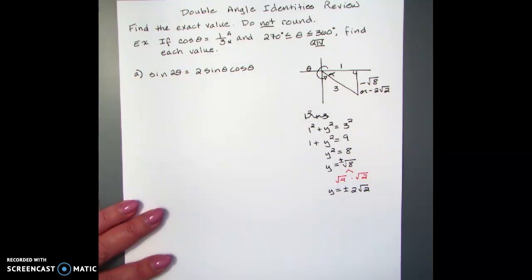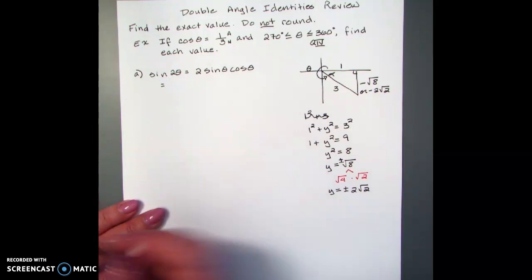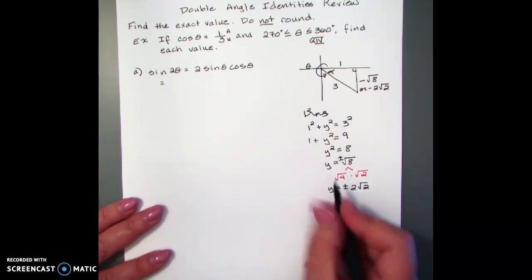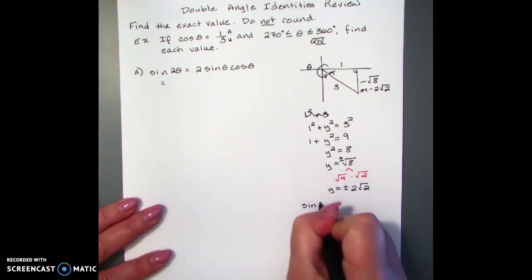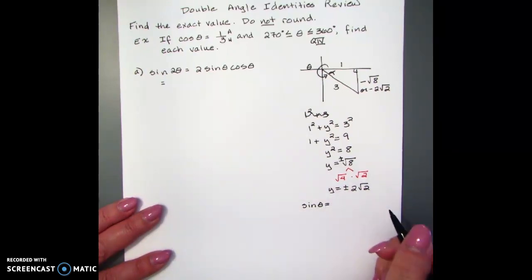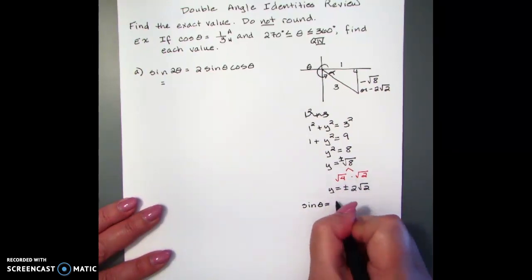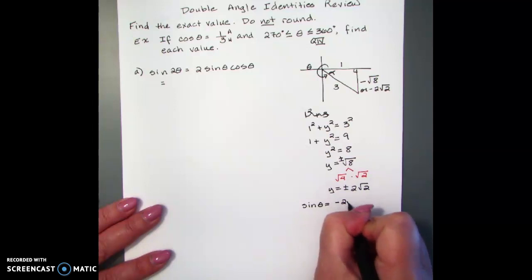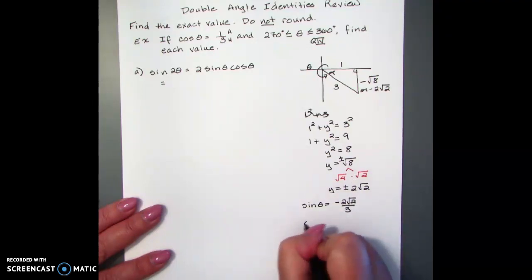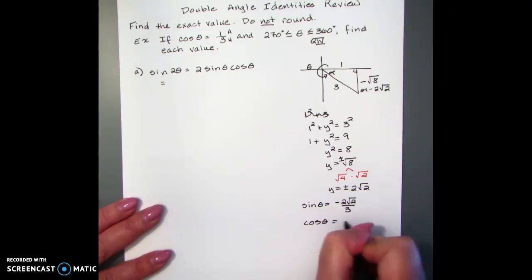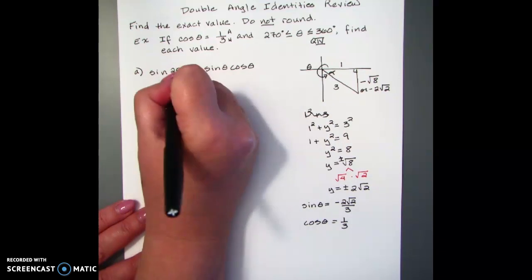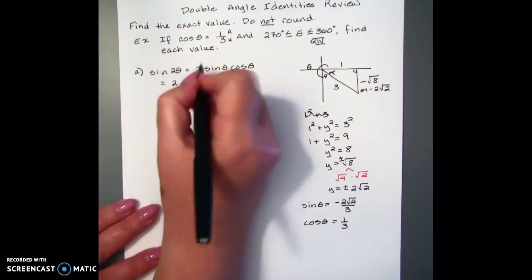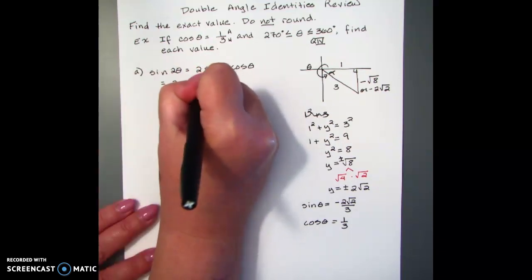All right. And so then if we take a look at that, that means coming over here, the sine of theta is going to be the opposite over the hypotenuse. So that's going to be negative 2 root 2 over 3. And then the cosine of theta they gave us in the problem is going to be positive 1/3. So coming over here, this is going to be 2 times 2 root 2 over 3.